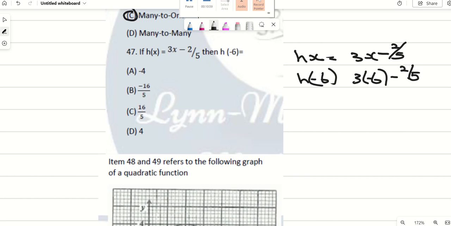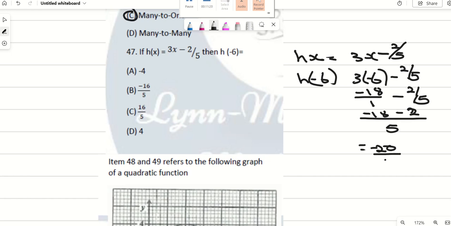So 6 threes are 18, so it's minus 18 over 1 minus 2 over 5. Right? Your LCM is 5. We have minus 18 minus 2, 18, 19, 20. So this would be minus 20 over 5. 5 is going to 20 4 times. So this is minus 4 times, and the answer would be A.